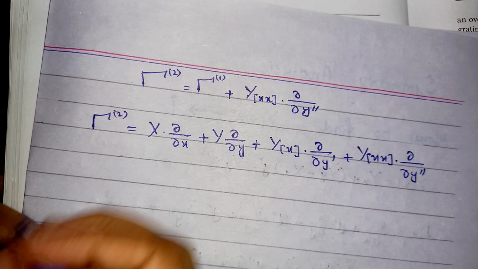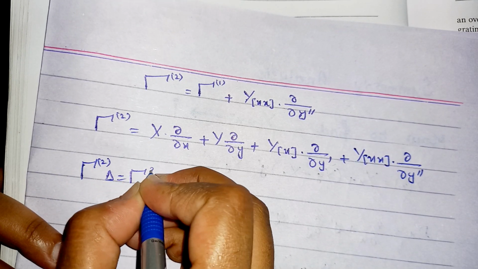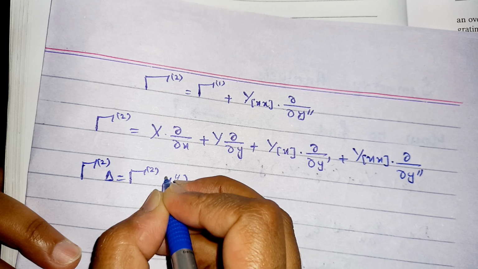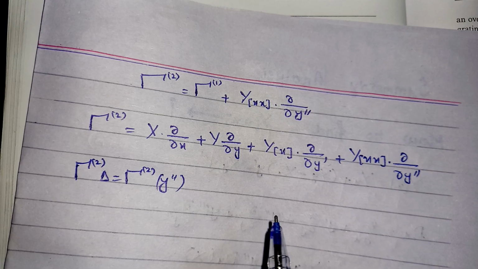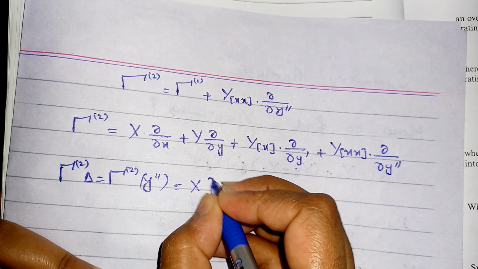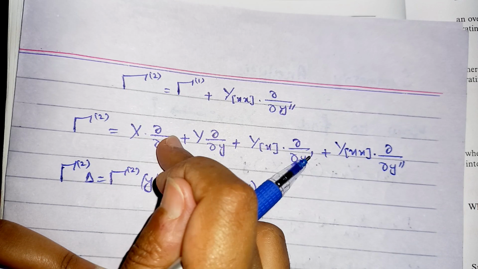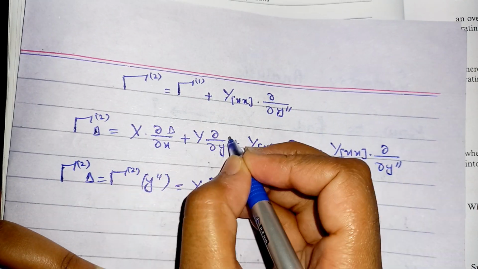Now students, basically you want to find gamma 2 of delta, or simply you can say gamma 2 of y double prime, because here delta is equal to y double prime. Okay, so you can write it down like partial by partial x into y double prime, because from here you can substitute delta here.